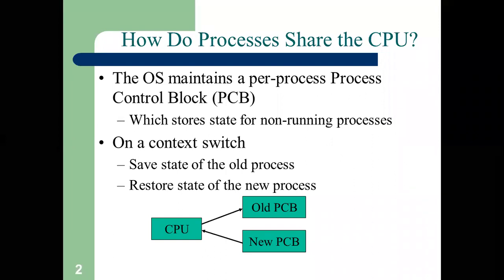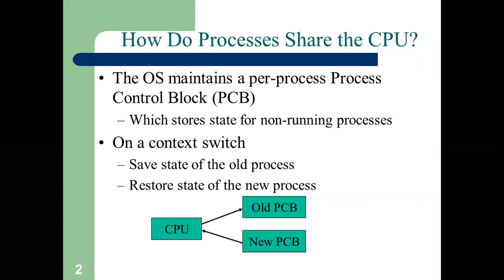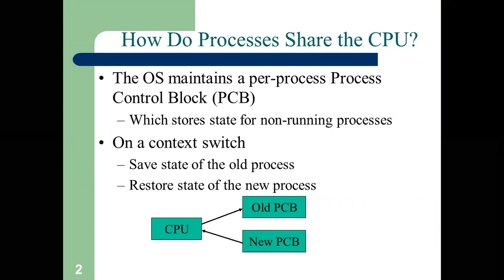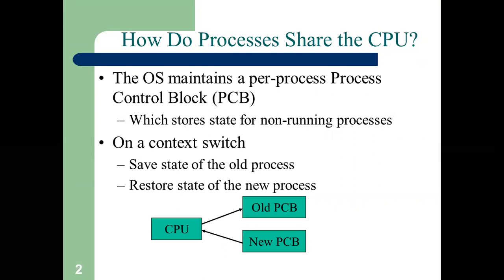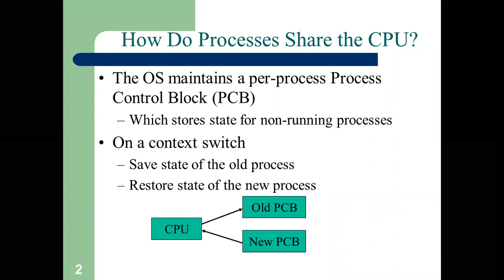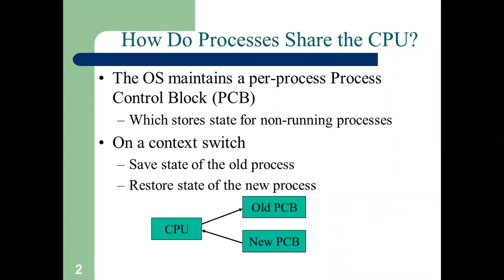Like a register, every process will reside here, and here we do the nomenclature of that particular process. So it resides in the PCB, the process control block, which stores state for non-running processes.